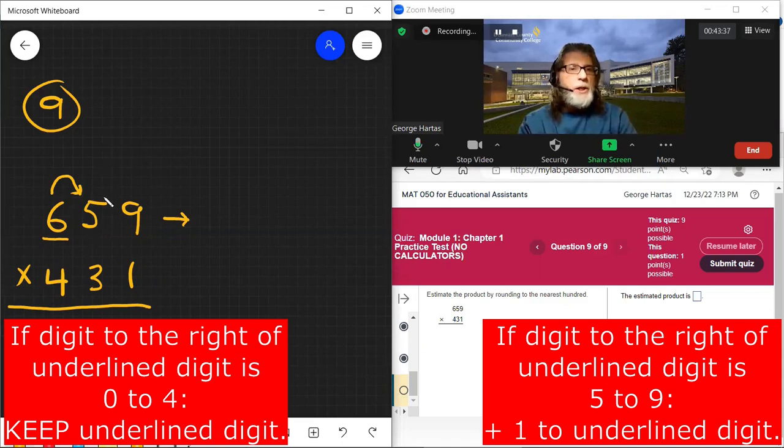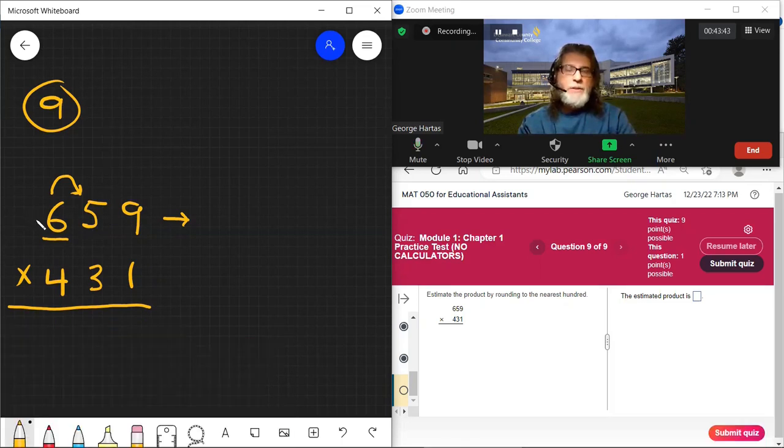Since this digit falls between 5 and 9, we add 1 to the 6. So the 6 becomes a 7. All digits to the right of the underline convert to 0. So 659 rounds to 700.